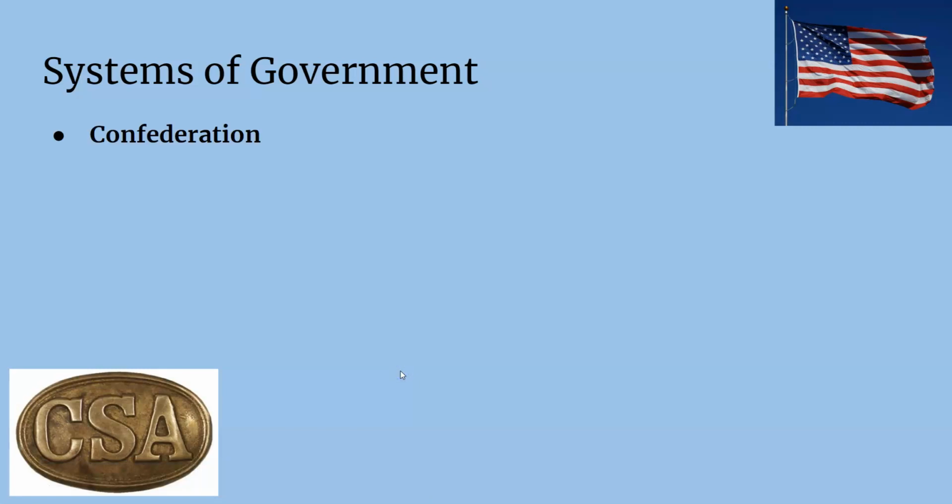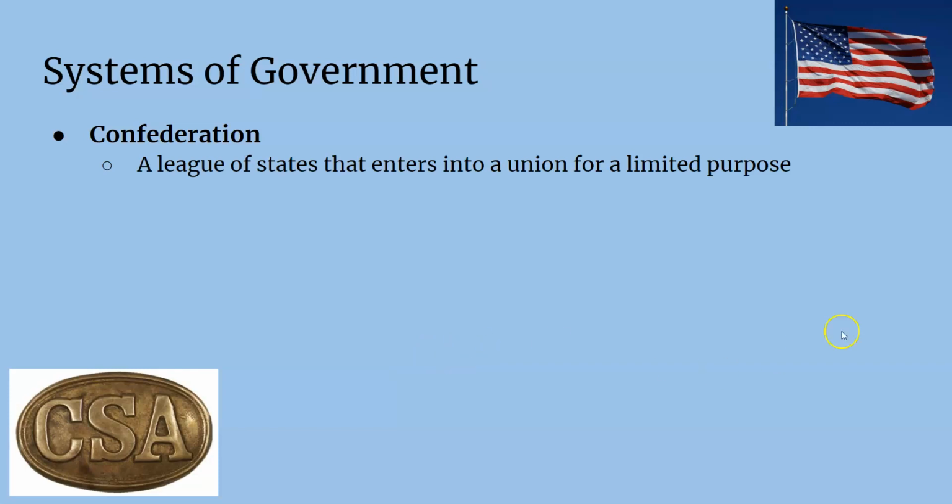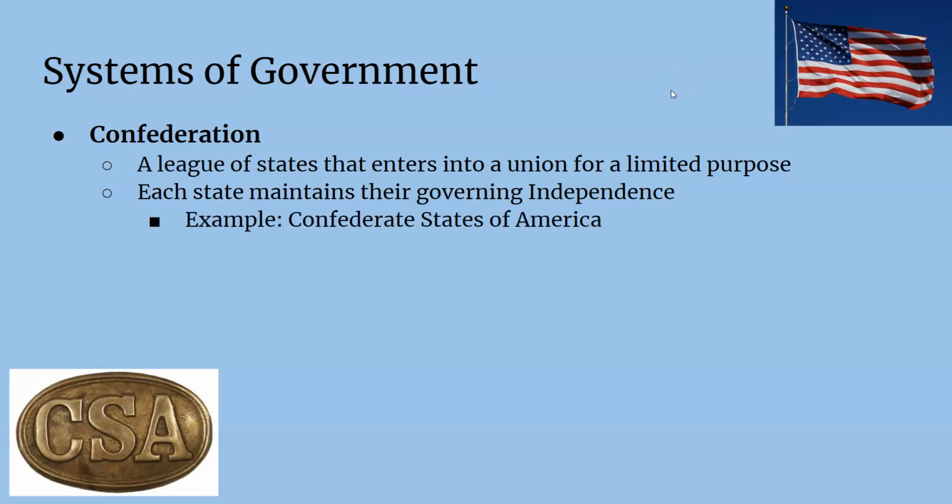All right. Some other systems of government. You can have a confederation, which is a league of states that enter into a union or a group for a limited purpose. Each state maintains its own government and leader, and has its own independence, but they come together for a cause.